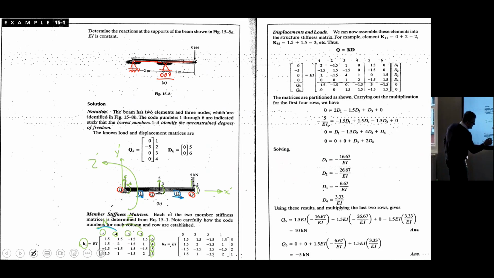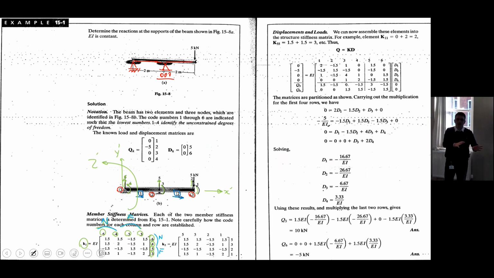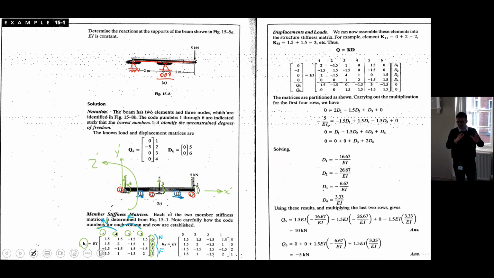So this is near end, this is far end. This is near end, this is far end, just to be compatible with the previous slide. I'm just putting EI and L into the 4x4 matrix of the previous slide just to come up with a 4x4 for element number 1. For element number 2, we have K2.